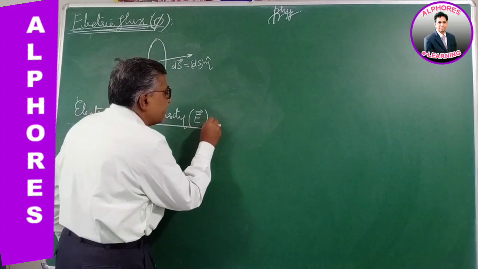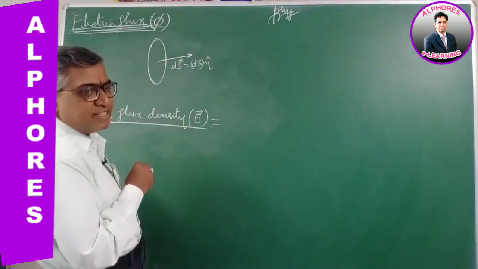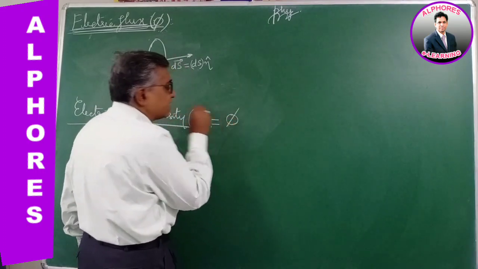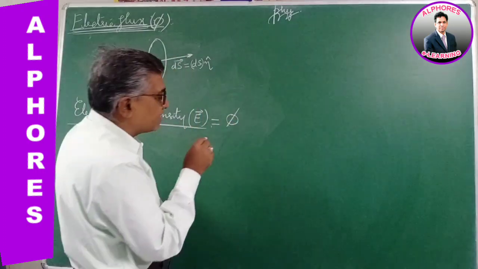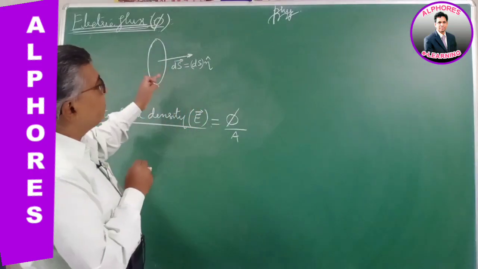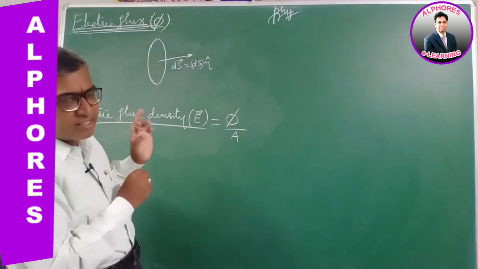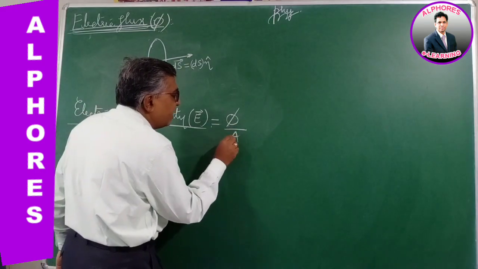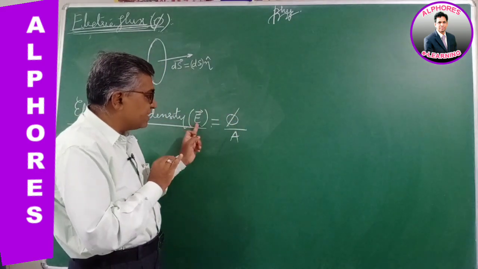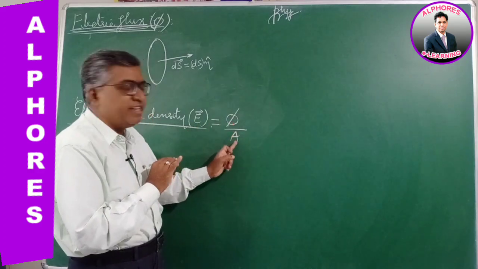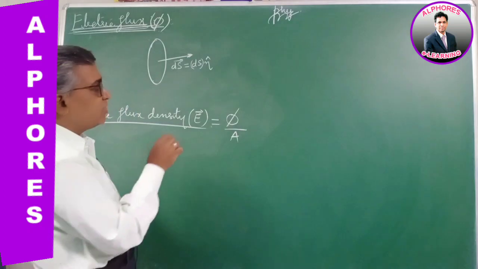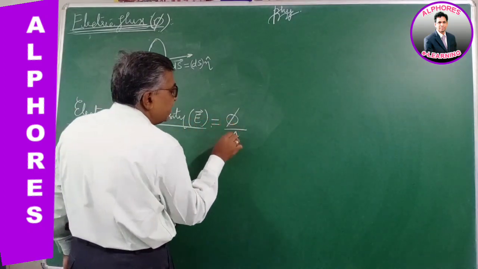It is defined as the measure of the electric flux per unit area of that element. If I consider an area element A, for example, how much electric flux is passing through that area? So the electric flux density E bar is phi by A, flux per unit area.